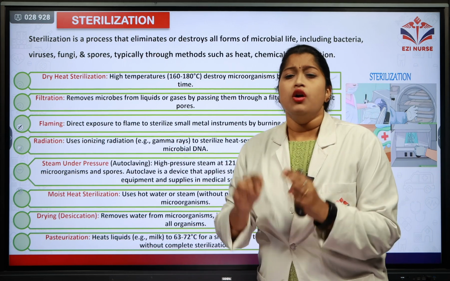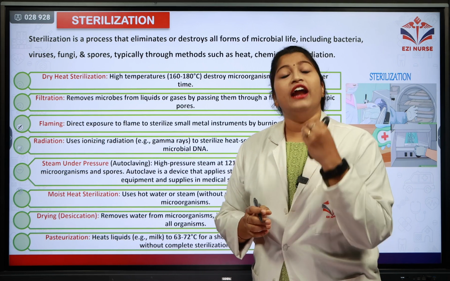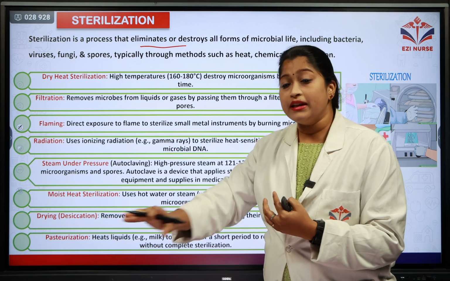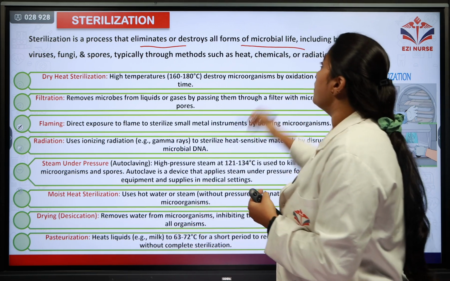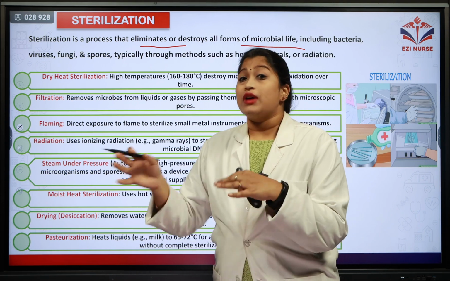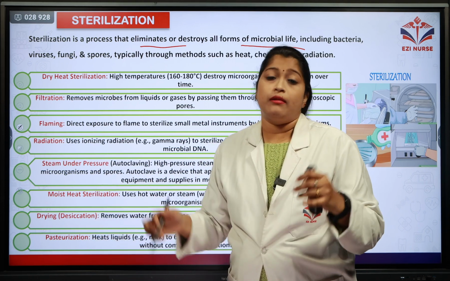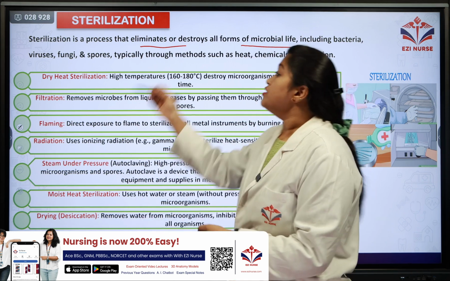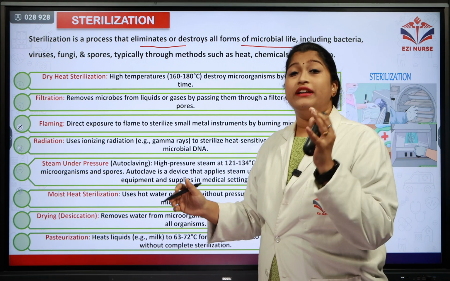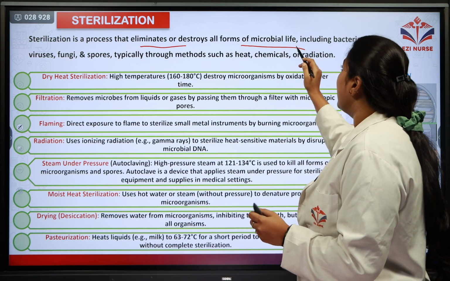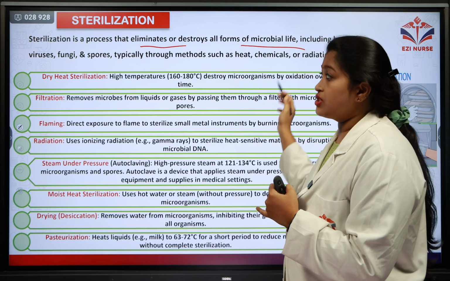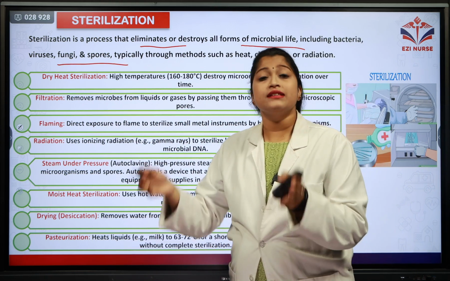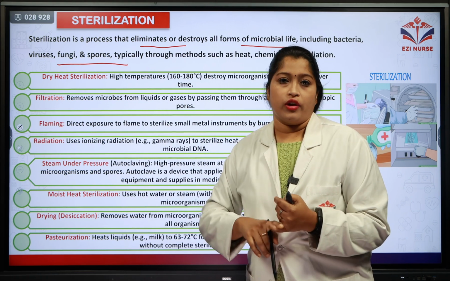That is sterilization. What is sterilization? It is a process that eliminates or destroys all forms of microbial life. As we just studied, microorganisms might be bacteria, viruses, fungi, parasites, etc. Here it is eliminating or destroying this microbial life, including bacteria, virus, fungi, and their spores, in the sense the offspring of these microorganisms.